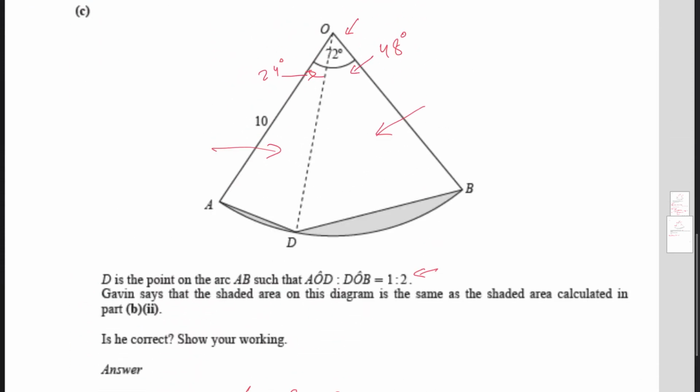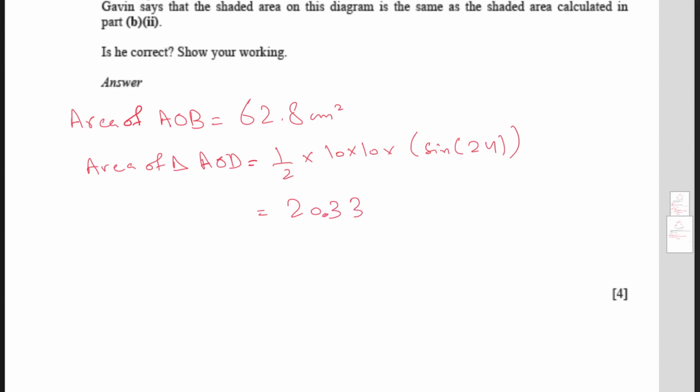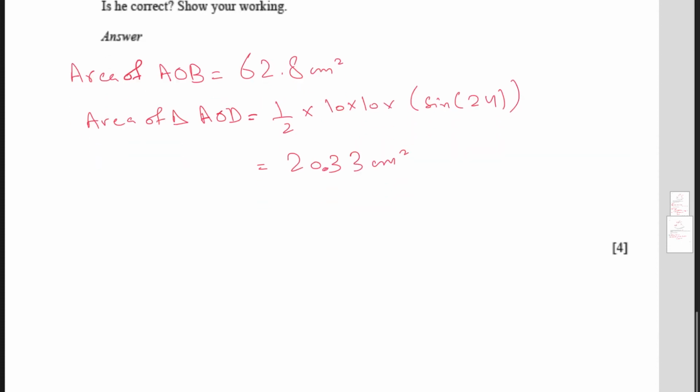So how do we find the area of AOD? Again, area of triangle AOD can be found by multiplying half by 10 by 10 by sine. This time it's 24. Okay, let's find what this is. We do 0.5 times 10 times 10 times sine 24, and we get 20.33 centimeters squared. Now we find the area of the other triangle.